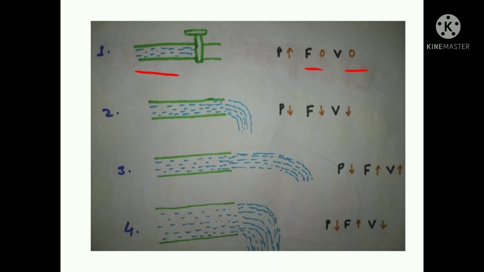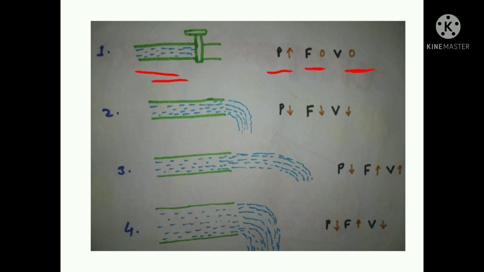Flow means your water is not passing here, so the quantity of water flowing is zero. That means our flow is zero. Velocity is zero because your water is stagnant, water is not moving. That's why your velocity is also zero. But pressure is maximum because here we have obstructed the flow of water. So water is applying pressure on this pipe. So here pressure is maximum but flow and velocity are zero.